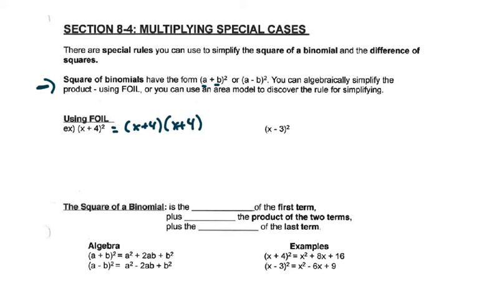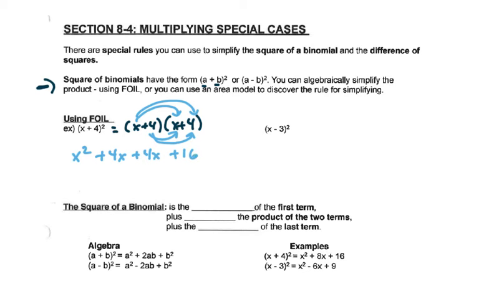The popular one is foiling, so we would multiply essentially every term by every term. So we would go x times x, which is x squared, and then x times 4, which is 4x, then 4 times x, which is another 4x, and we conclude with 4 times 4, which is 16.